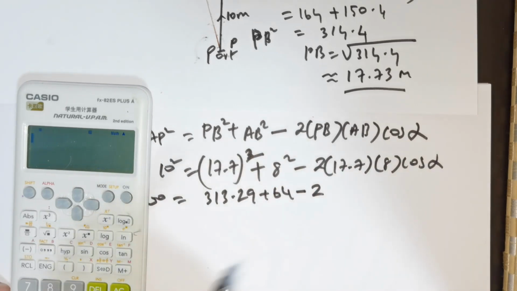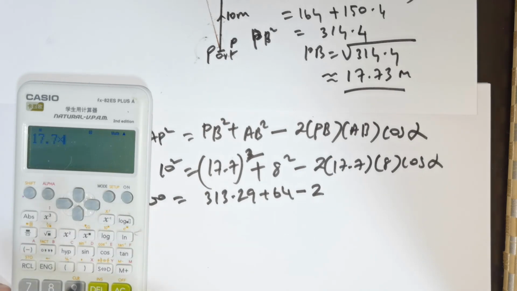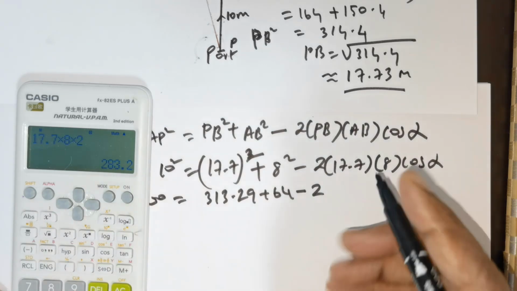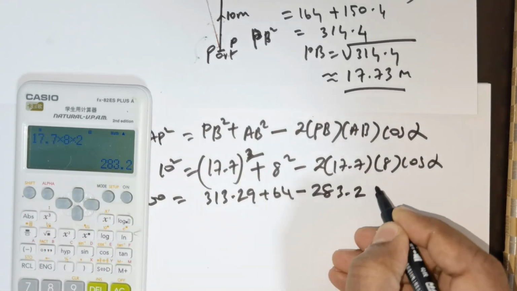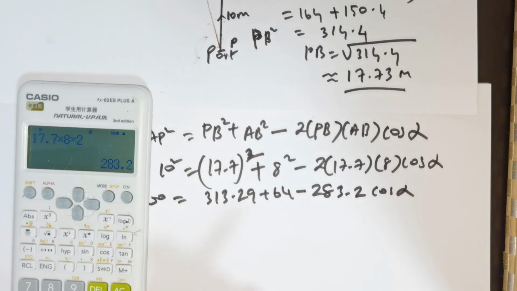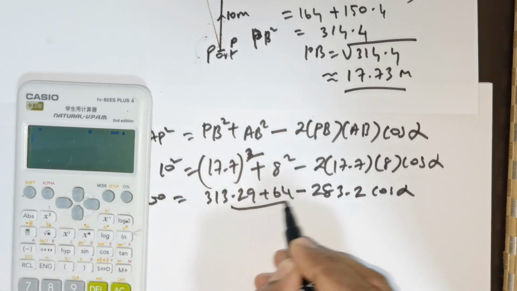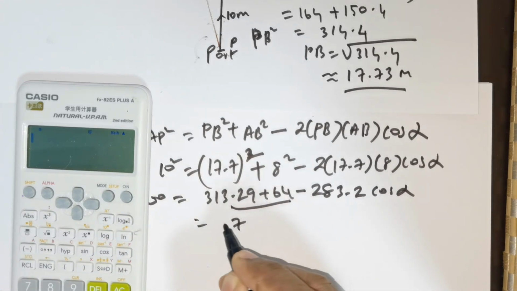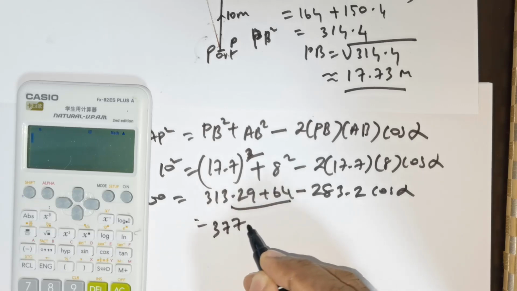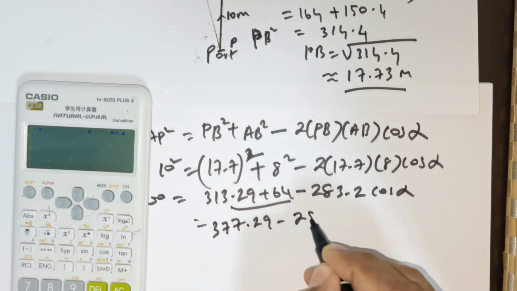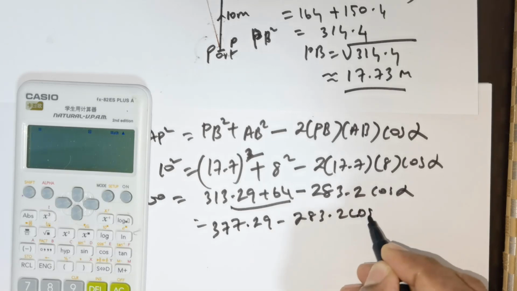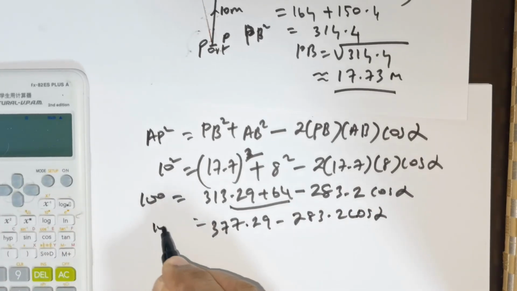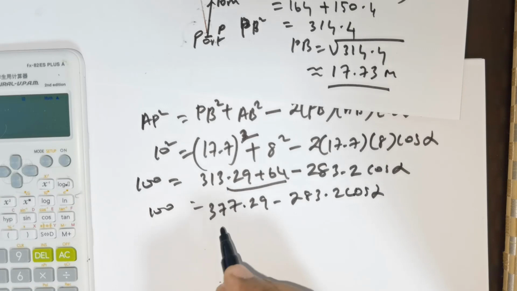So this is 17.7 multiplied by 8 multiplied by 2. So that's going to be 283.2 times cos alpha. So I will add these two things. So that's going to be 377.29 minus 283.2 times cos of alpha. This is 100 degrees. So move these things like this.